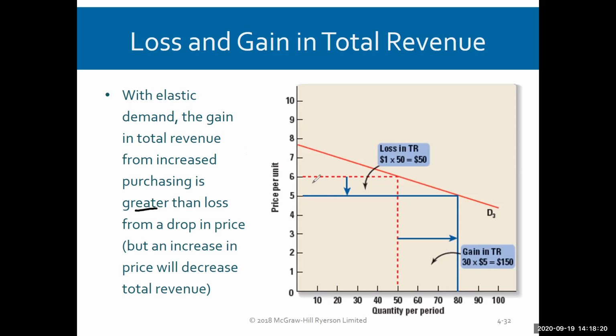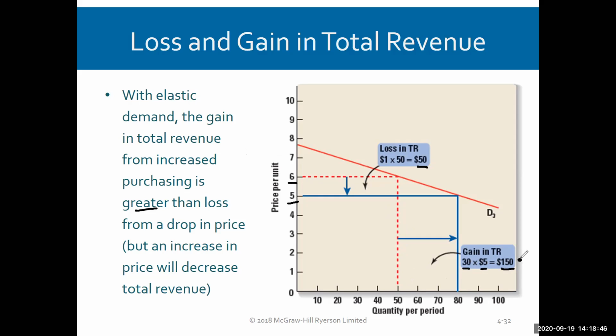So here's that $1 drop in price again, 6 to 5, and we lose $50 because we originally sold 50 units, and now in the next period, we're losing $1 on each one of those units. But look, the increased quantity demanded all the way from 50 to 80 is pretty big, so the gain in revenue is 30 new sales times that $5.